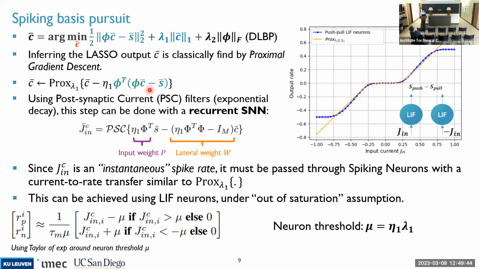So we pass the result of the stochastic gradient descent step into this proximal operator to get the next C. Well, what you will see is that the coding neurons in our architecture are in fact doing this in a recurrent manner. So you can see already the recurrence here, where C can be seen as a hidden state of the network.